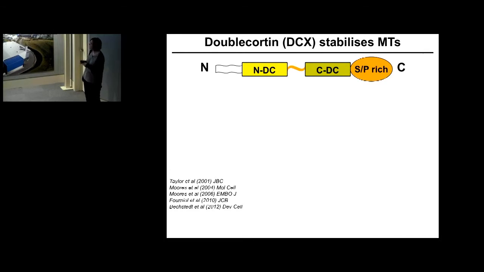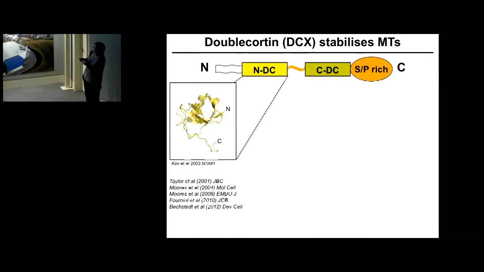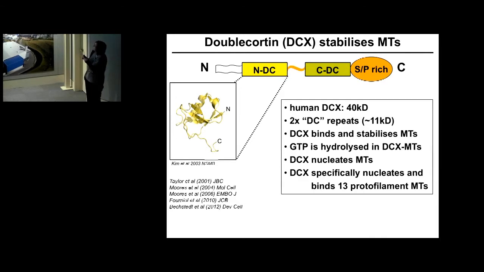So this converges to a summary of what we think Doublecortin is doing with respect to regulating microtubules. This is the structure of a DC domain. Those two DC domains bind to microtubules and regulate them in some way.